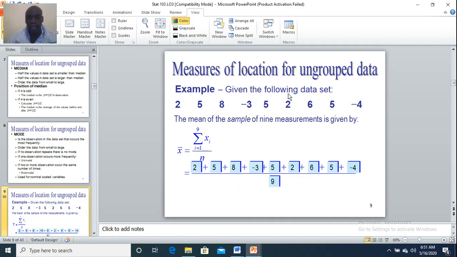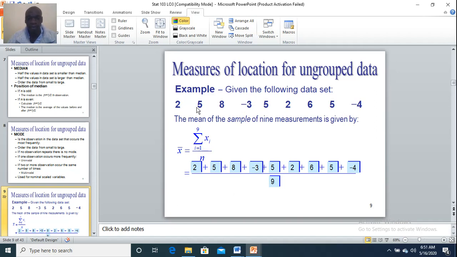Without wasting time, let's look at the example. We have our data here: 2, 5, 8, minus 3, 5, 2, 6, 5, minus 4. So we want to find the mean. For the mean, we add all the numbers, the sum of all numbers, and divide by their number.